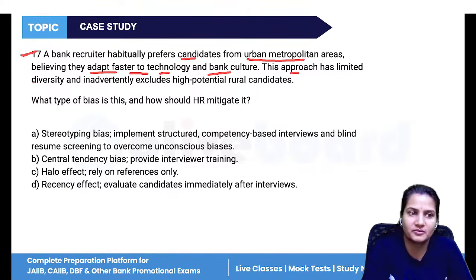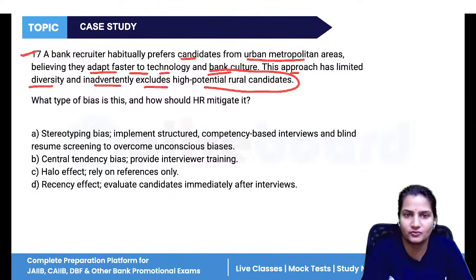Now this approach limits diversity and inadvertently excludes high potential candidates from rural areas. So what type of bias is this?